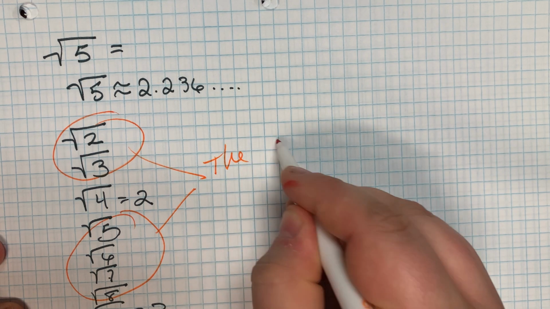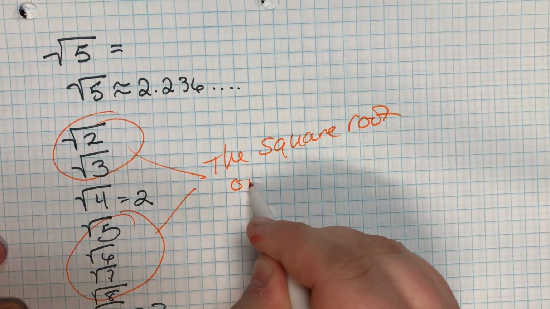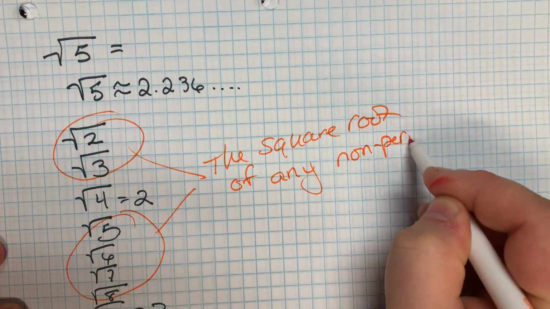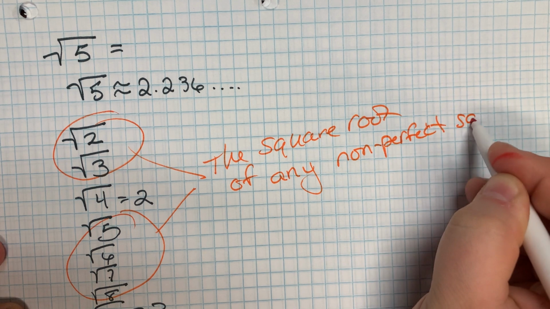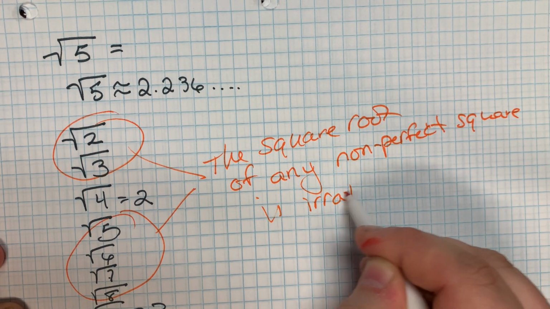So the square root of any non-perfect square is irrational.